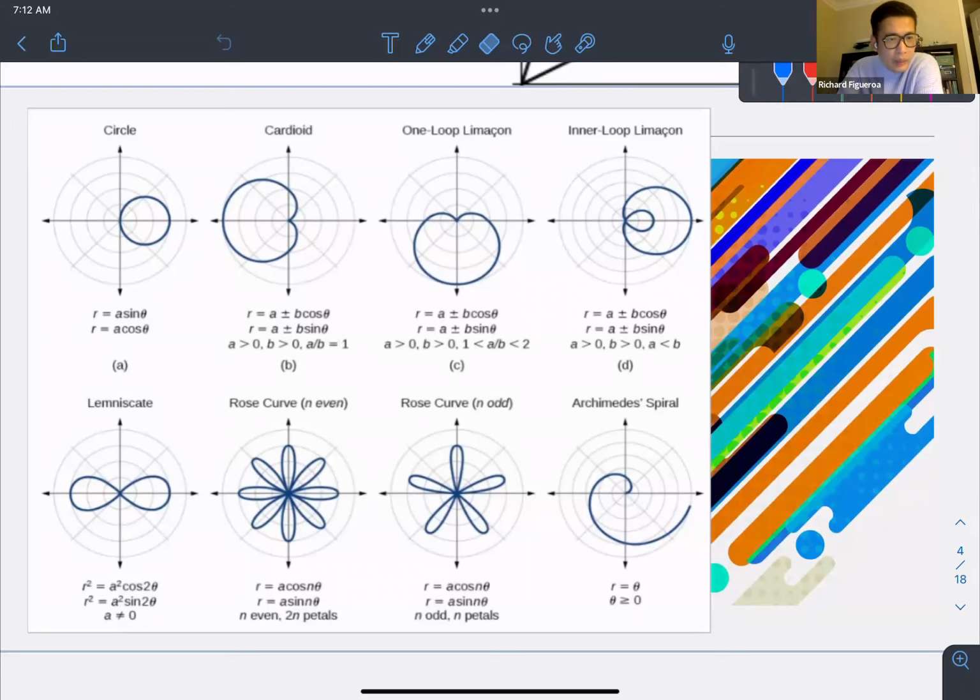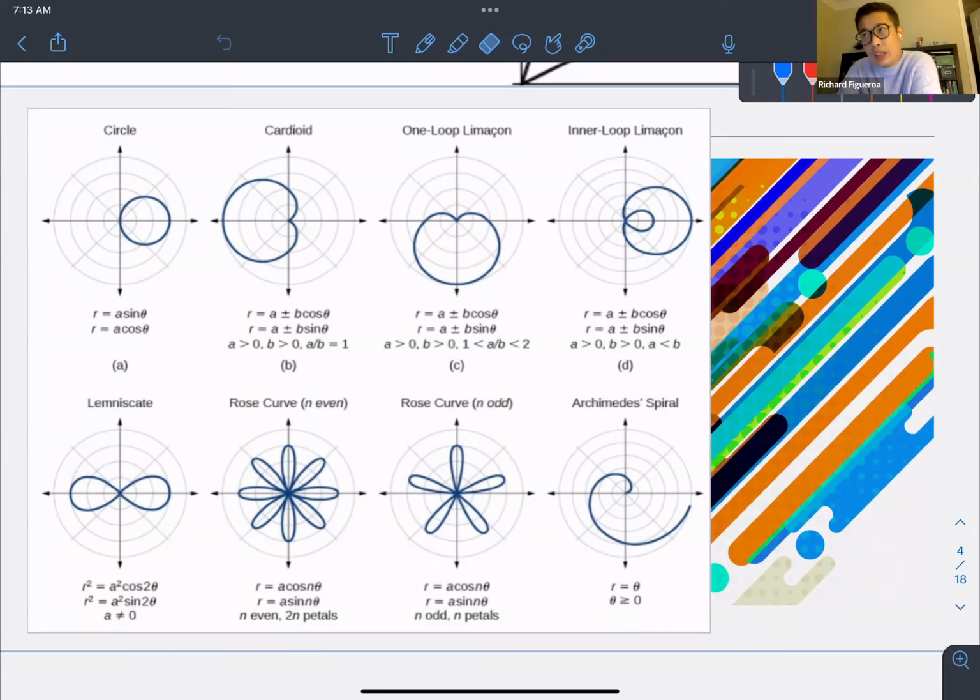Next we have the lemniscate. Lemniscate is r squared equals a squared cosine 2 theta. And then we have the rose curve. Rose curve depends on whether n is even or odd. So a cosine n theta, n will correspond to the number of petals. However, if it is even, that would be 2n petals.